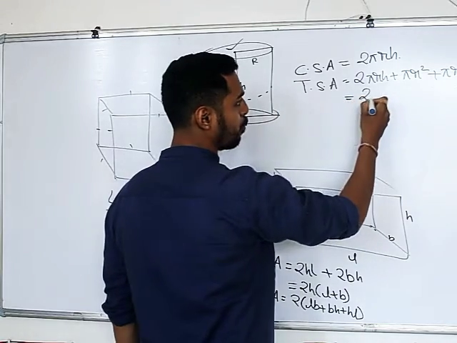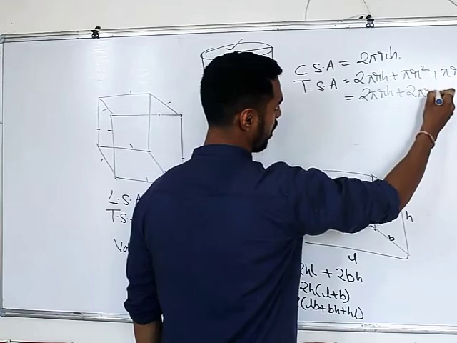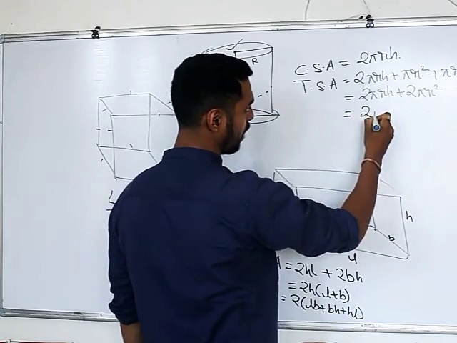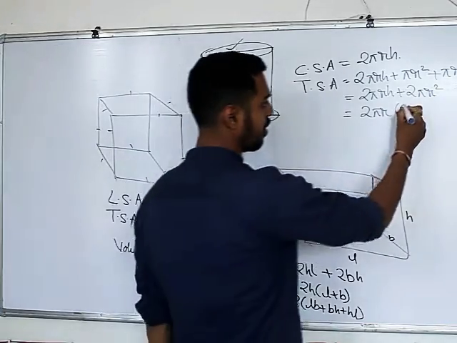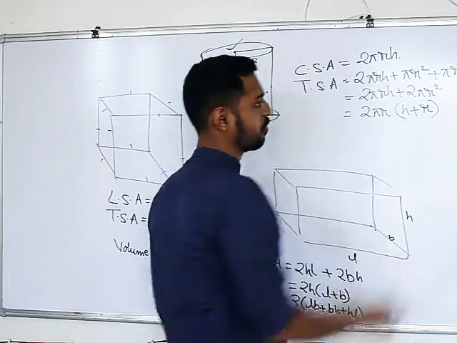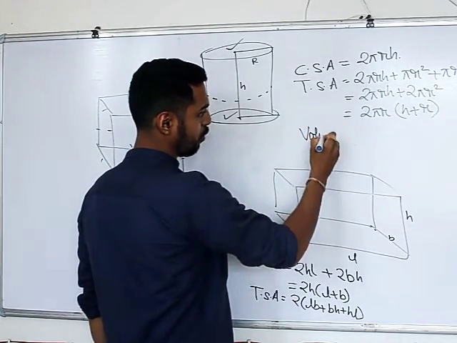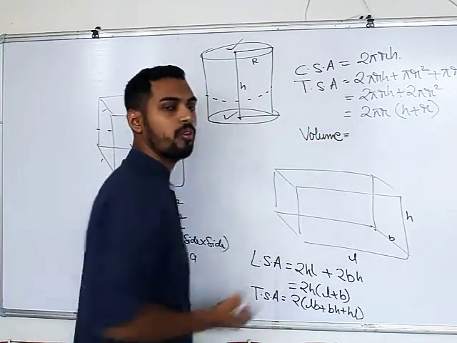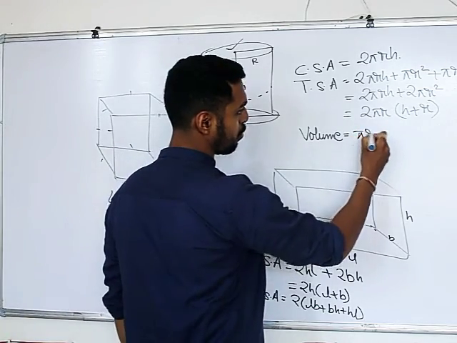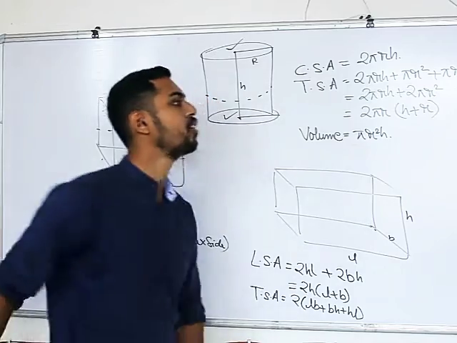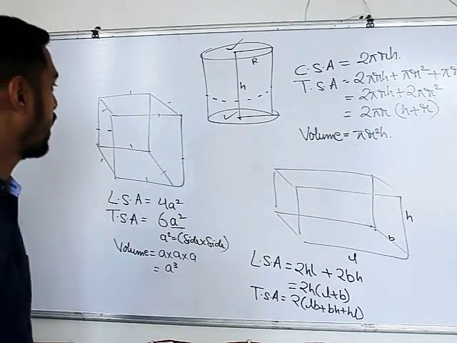That means 2 pi r h plus 2 pi r square. That means 2 pi r will be taken as common. What will be left? H plus R. Okay. Now after it, you will see volume. The volume of this cylinder will be pi r square h.